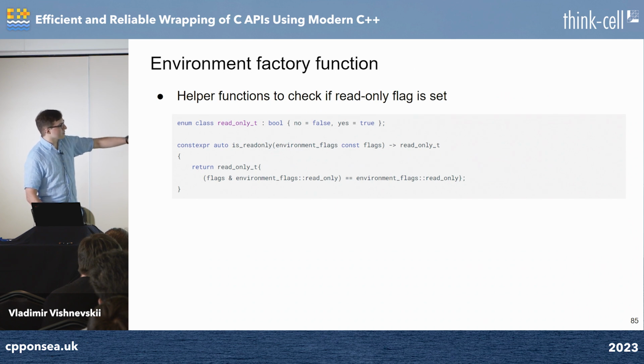Here we just introduce a helper that will identify if there is a read-only flag set within the environment flags, as there are multiple of them. I'm also using a stronger alias for bool, just to increase safety and readability, because I think it is a bit better than using plain bool values and types.